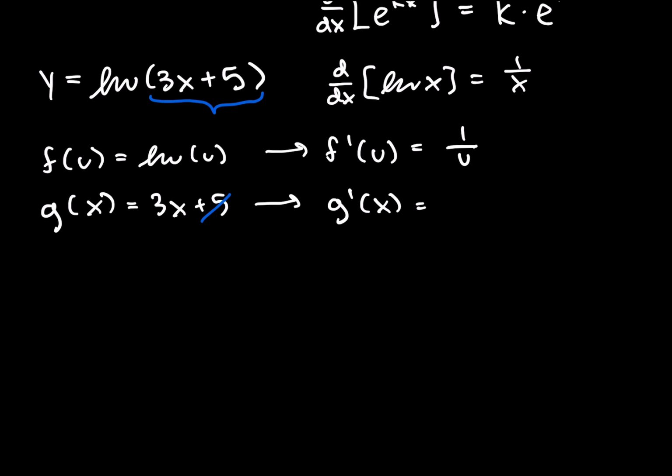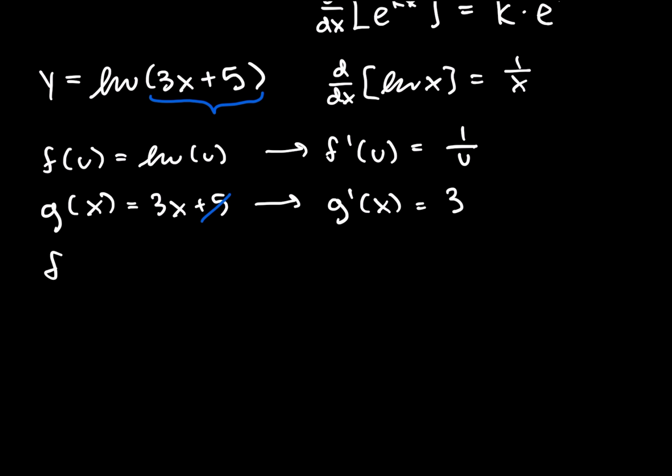And 3x will end up being 3 times 1, since x to the first power minus 1 is x to the 0, which is equal to 1. So our g prime of x will just be equal to 3.